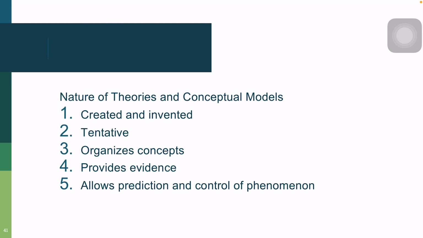They are tentative because, in a sense, today's theory may be discredited and may be revised tomorrow. This happens if new evidence or observation undermines a previous theory. So that's why it is tentative. It also organizes your concepts. It provides evidence and allows prediction and control of the phenomena.